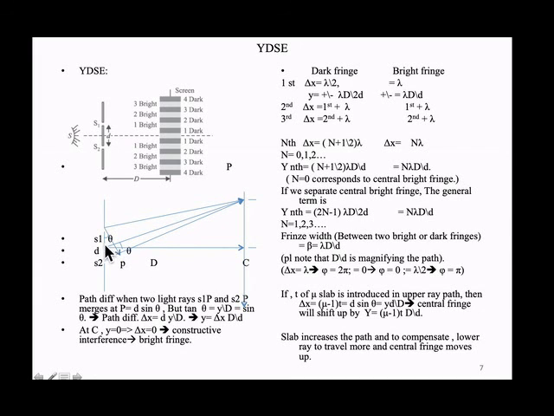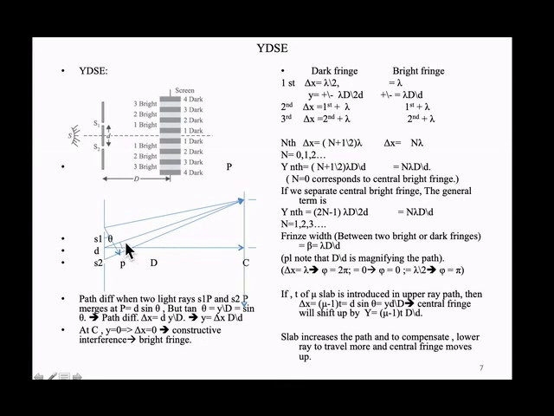But if you see the symmetry, this theta and this theta are the same. From the center to the point P, both are the same. It is so small: this distance is around 1 meter, and d is around 0.1 mm maximum.